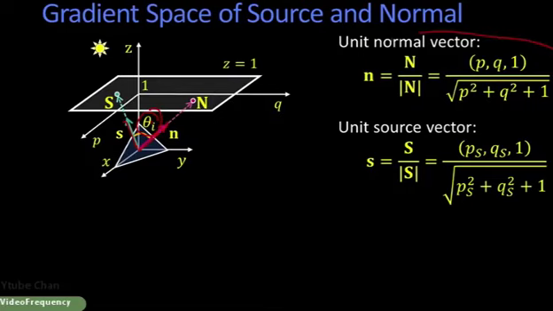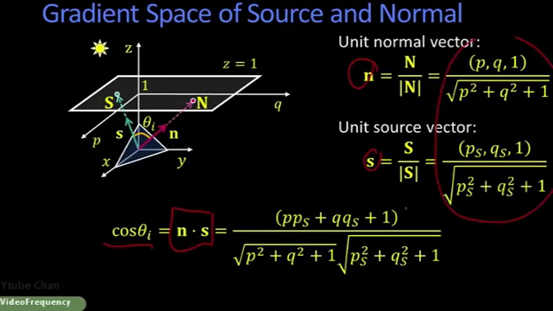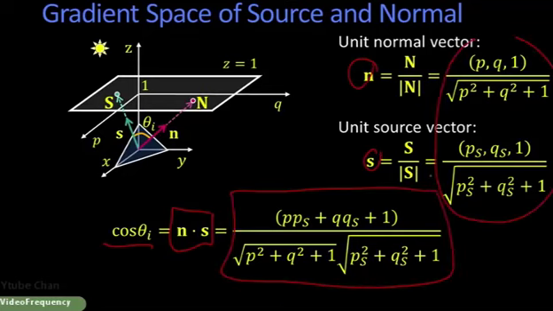Well, given all of this algebra, we can represent that cosine as follows. The cosine of that angle is just the dot product of those two unit normals. So it's the dot product of n and s, which is the dot product of these quantities, which is written right there. Okay? So that is the representation in PQ space of what that cosine of that angle is.